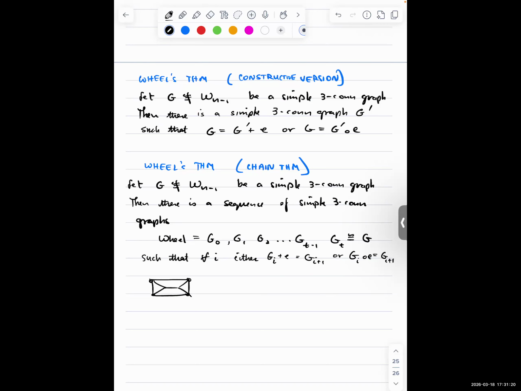So what this tells us is that if you know the wheel minor, then you start with that wheel and you can add an edge or split a vertex, add an edge, split a vertex, and get up to G, an isomorphic copy of G.